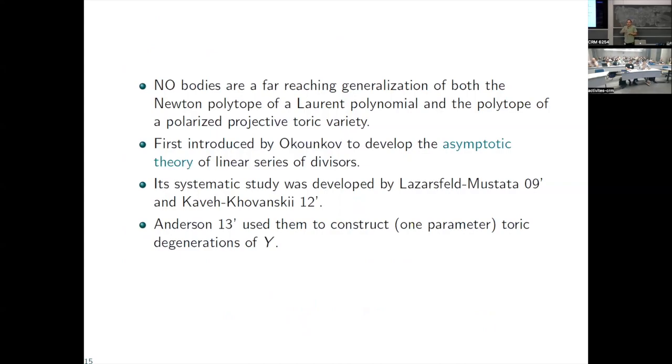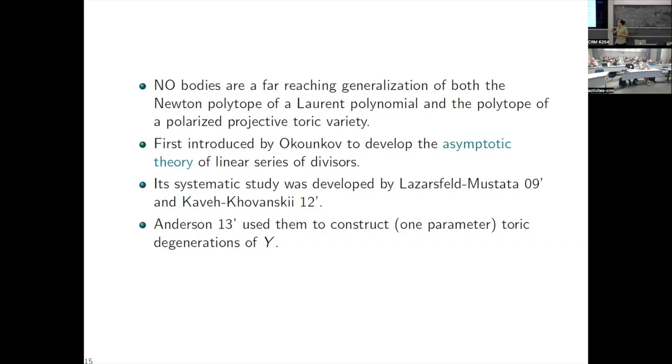So there's some asymptotic behavior that one wants to study. This was in the 90s, probably late 90s, and in 2009 and 2012, Lazarsfeld and Mustata, and independently Kaveh and Khovanskii, initiated a systematic study of these Newton-Okounkov bodies and how they codify the geometry of the variety I'm starting with.